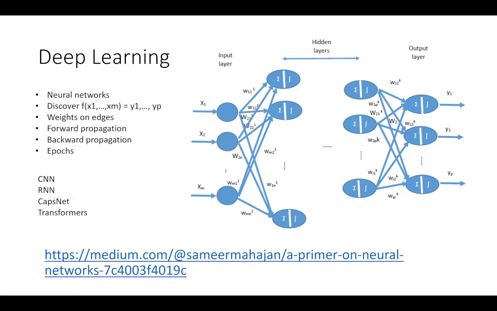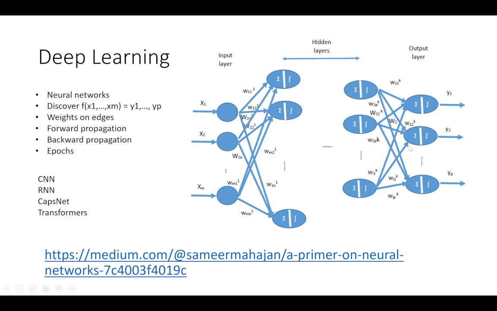So again, what you do here: you basically have a function. The neural net discovers the function of x1 to xm, the complete set of input that is given to it, and it transforms it into y1 to yp. As we already saw with the machine learning paradigm shift, you have an input, and you optionally have an output.